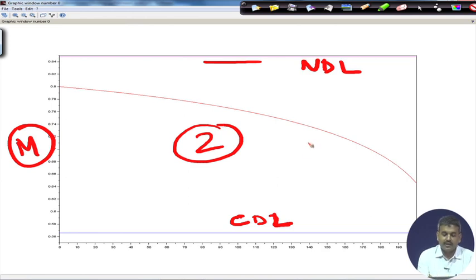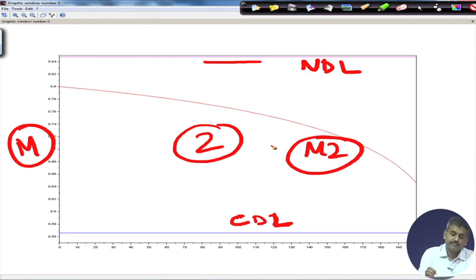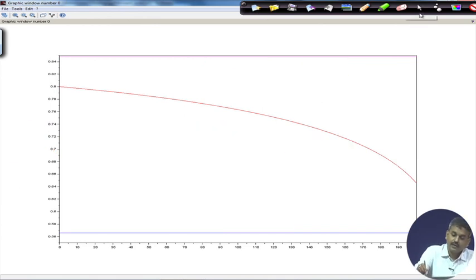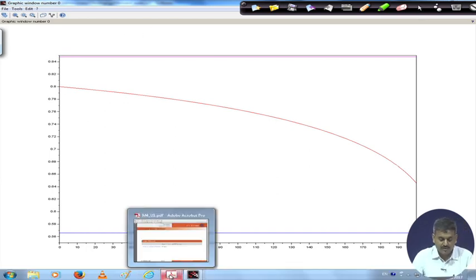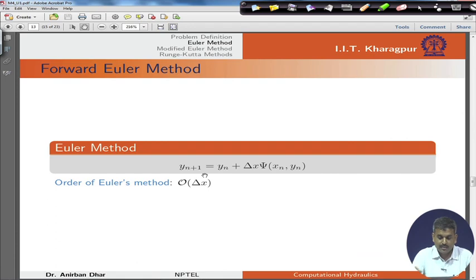So, we have an M2 profile here in this case. Now, we can utilize other methods.